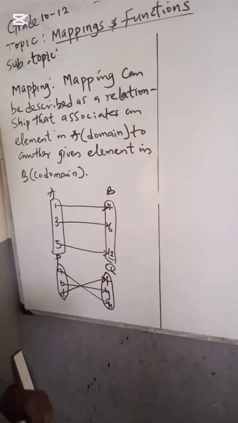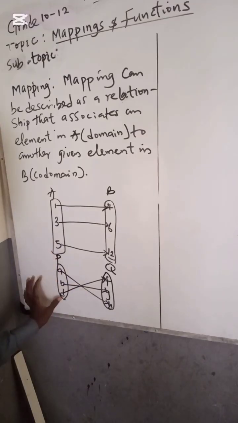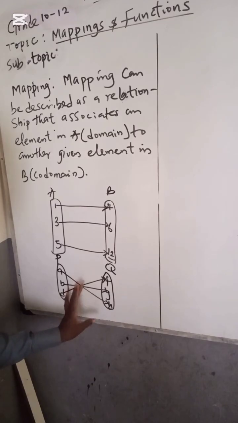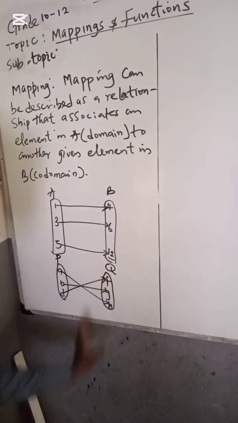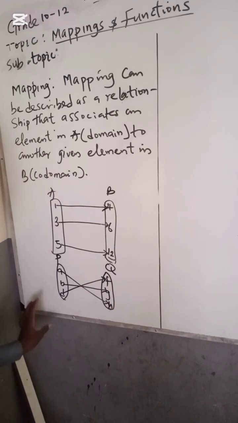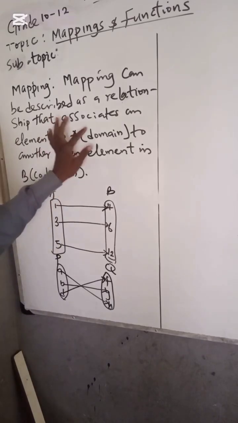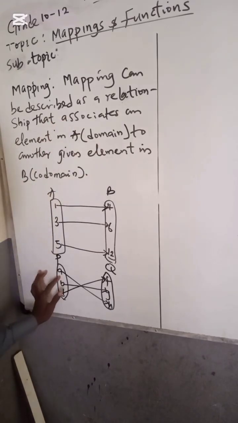The main thing here is that each of the elements in set P is associated with an element in set Q. Now we need to know, okay, what are these elements in P called? Like we said, this is our domain.